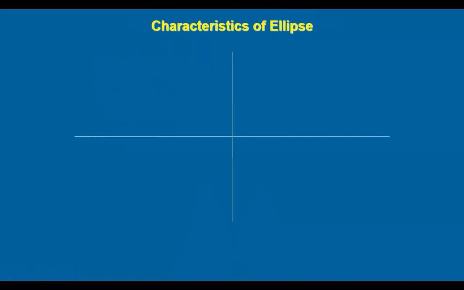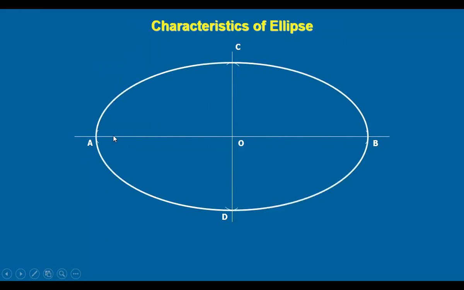Generally, for an ellipse we have a major axis and a minor axis. Suppose AB is the major axis and CD is the minor axis, and these two intersect at a point called O. We call AB the major axis and CD the minor axis.